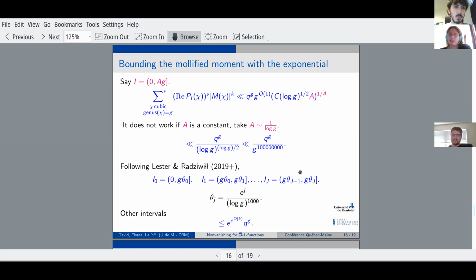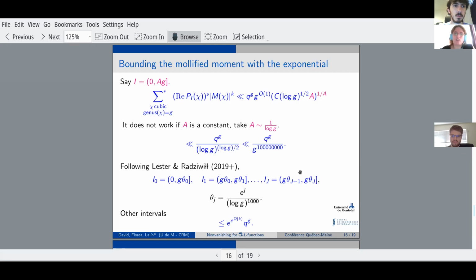Now, another thing that one has to be careful about has to do with the interval. If you remember, we were bounding things up to n, and n was a multiple of g. A very small multiple of g, but still a multiple of g. Now, if you do that, it doesn't really work because we want to get q to the g as a bound, but if you take a multiple of g, you get some extra logs. Okay, so we want to get rid of the logs.